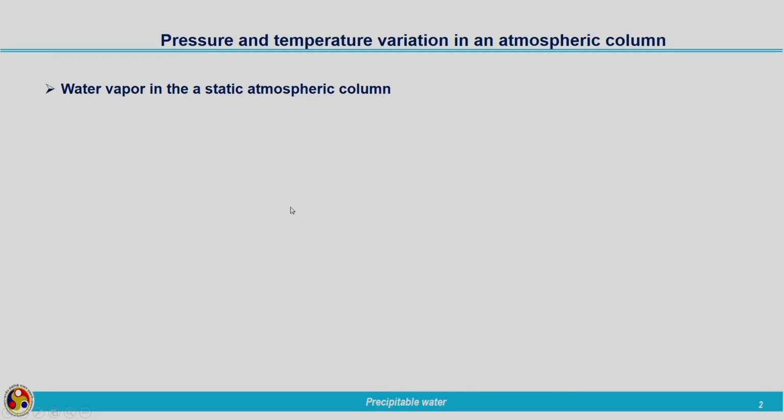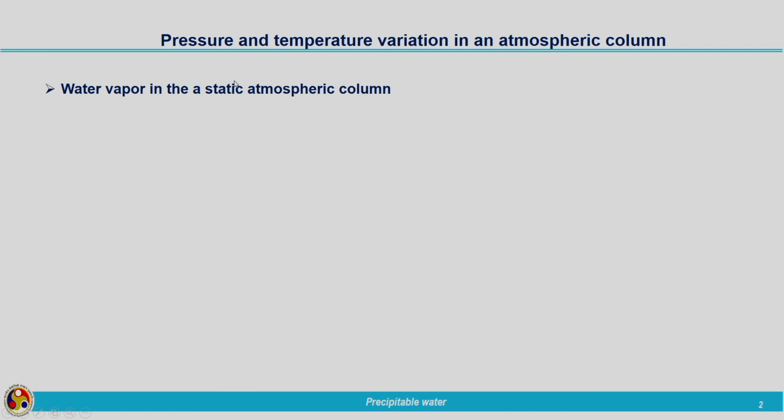Initially itself we have seen for doing the analysis we need to have a frame of reference. So, we are considering a column within the atmosphere which consists of moisture or moist air. That is the atmospheric column. You will be able to understand after you see the schematic representation. What we need now is an idea about pressure and temperature variation in an atmospheric column.